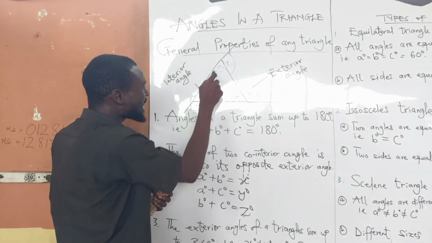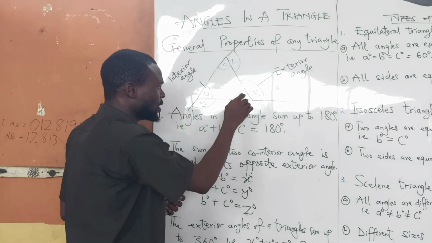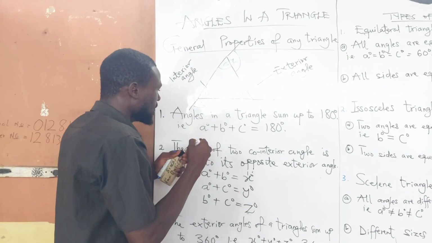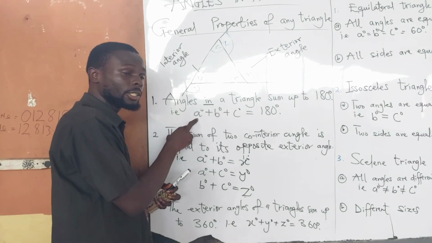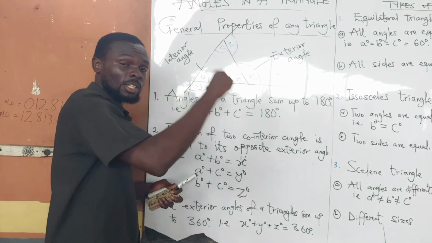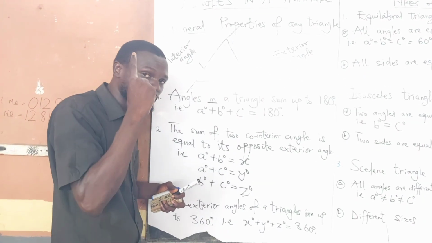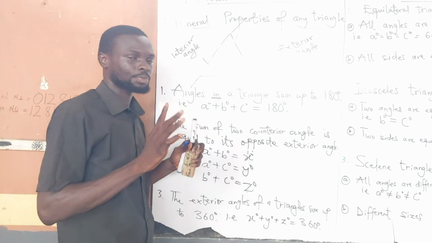So, if these are the interior angles, then A plus B plus C, which are the interior angles, sum up to what? 180 degrees. So, A degrees plus B degrees plus C degrees is what? 180 degrees. That is the first general property.